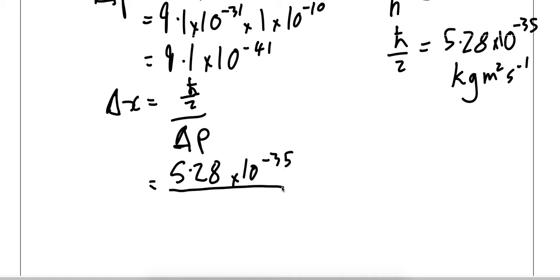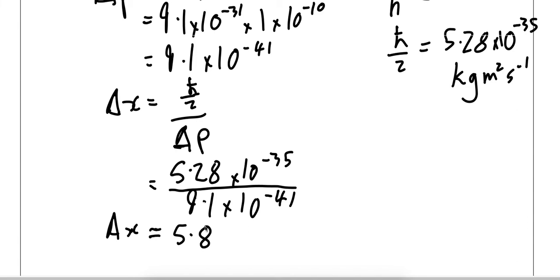We know that delta p, because we just worked it out immediately above, is 9.1 by 10 to the minus 41. So that's a very tiny uncertainty in the momentum, and it turns out that our uncertainty in the position, delta x, is going to be 5.8 by 10 to the 5 meters. That's 580 kilometers.